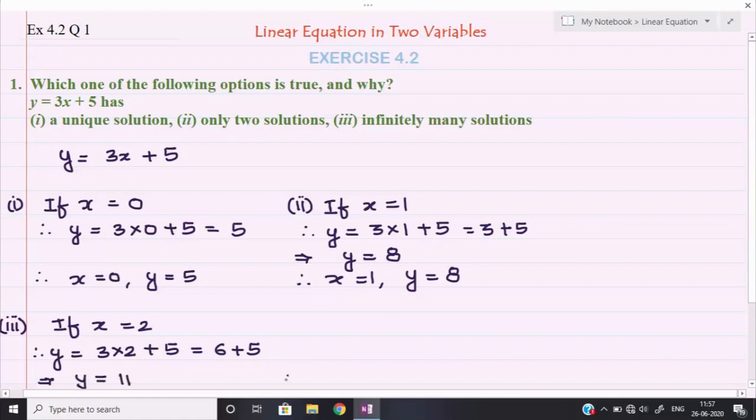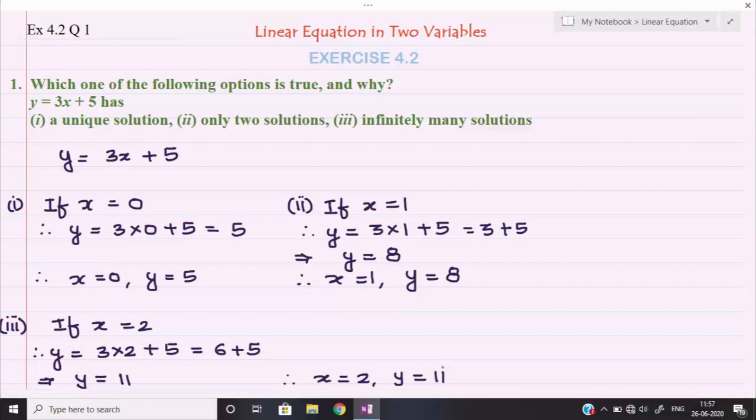So x will be equal to 2 and y will be equal to 11. This is also a solution of the given equation.